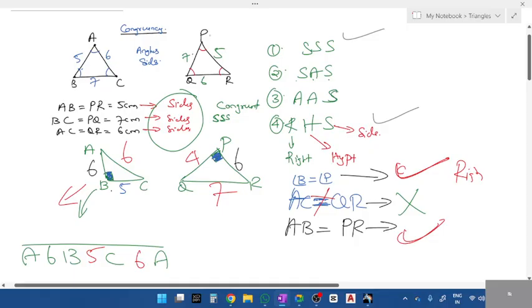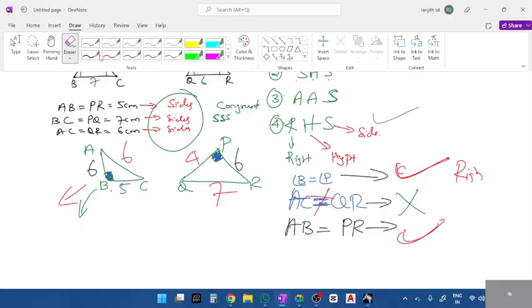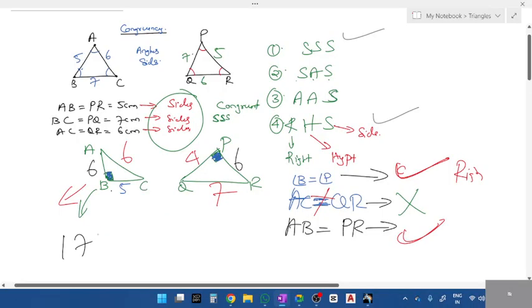What is the total value if you make it a straight line? It is 17. Second triangle, if you make it a straight line, what will you get? No, here I didn't change. I should have made it 5. Sorry, here I should have made 5. What is the value, students? Tell me the value.